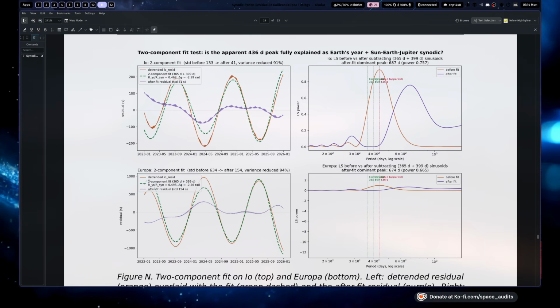That green line plot is the sinusoidal period of the Earth-Sun year combined with the Earth-Jupiter year. And if you'll notice, on the x-axis, the time axis, the peaks of these two curves align almost perfectly.